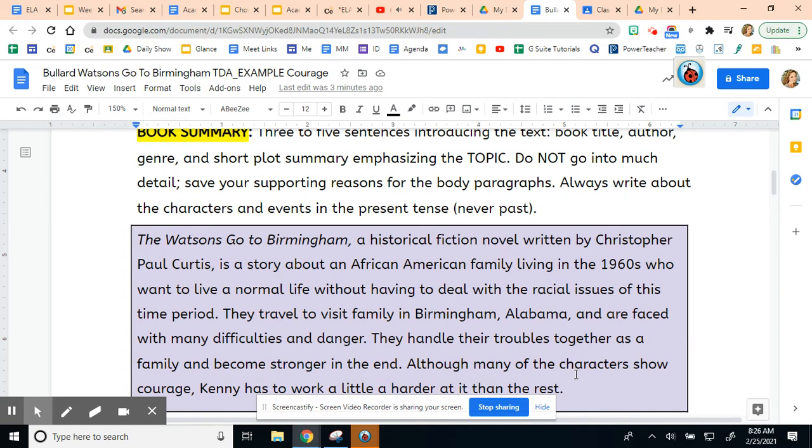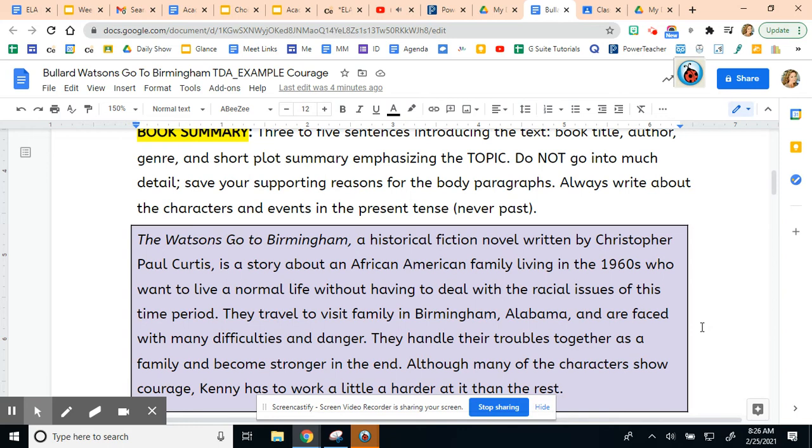All right, well done. Hopefully you've got 3 to 5 sentences for your book summary. Double check. Make sure you have 3 to 5 sentences. Make sure you have everything that is in the directions in your summary, and it should look fairly similar to mine. Double check periods, capital letters. Make sure you don't have long run-on sentences.